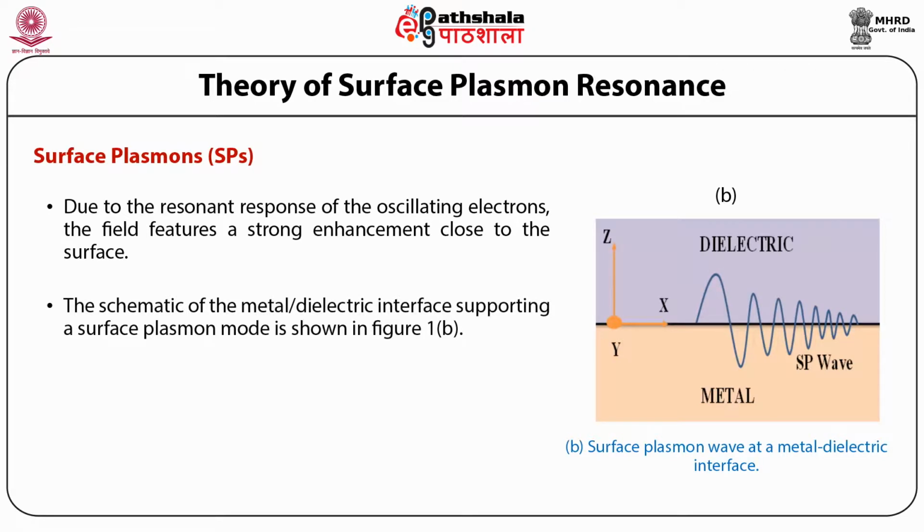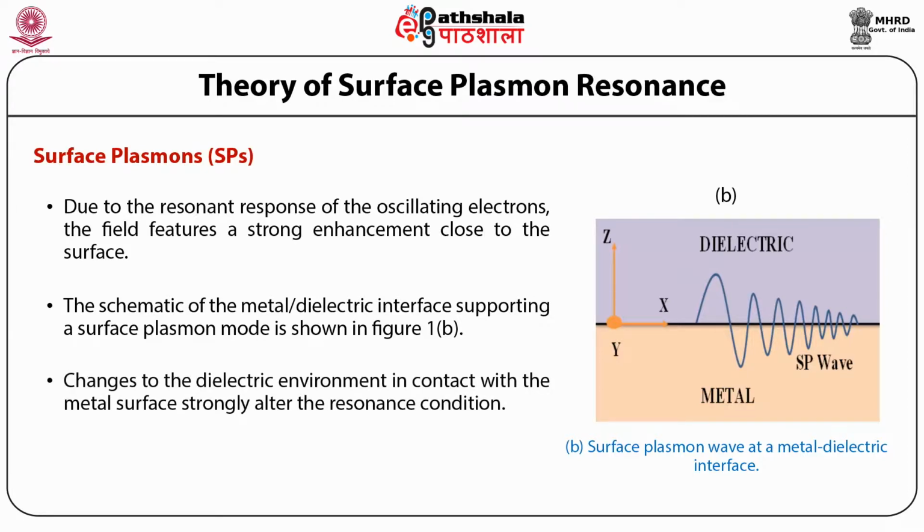The schematic of the metal-dielectric interface supporting a surface plasmon mode is shown in figure B. Changes to the dielectric environment in contact with the metal surface strongly alter the resonance condition.